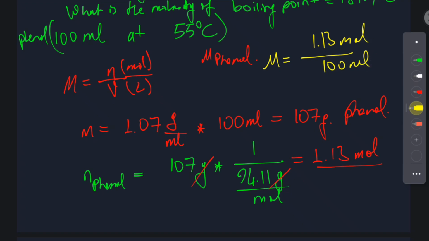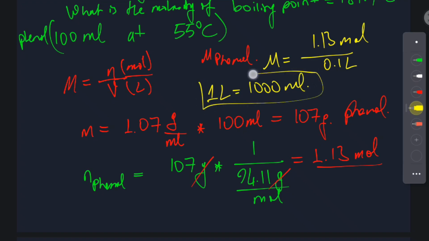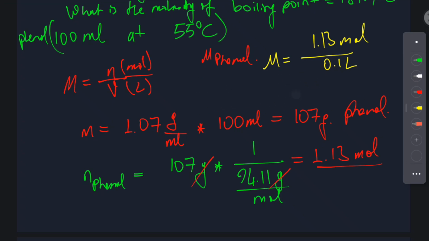The issue is that we have to convert 100 milliliter to liter, and 100 milliliter is basically 0.1 liter, since 1 liter is equal to 1000 milliliter, right? And if we make this calculation, the molarity of phenol is 11.3 molar.